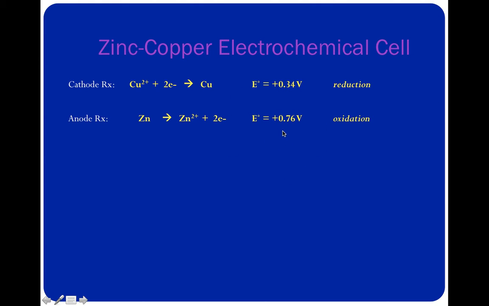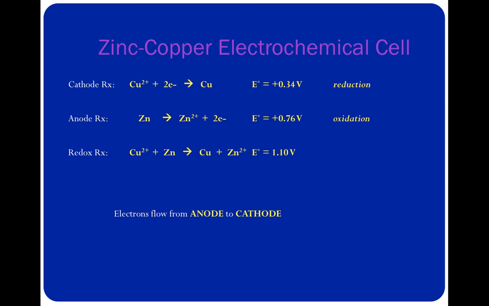We had a minus 0.76 volts, but it's oxidation, so that minus becomes a plus. We combine those numbers together. Here is our redox equation, and adding those, there's our cell potential. It's positive, so this is spontaneous. And I should have a video or a demonstration of this occurring.